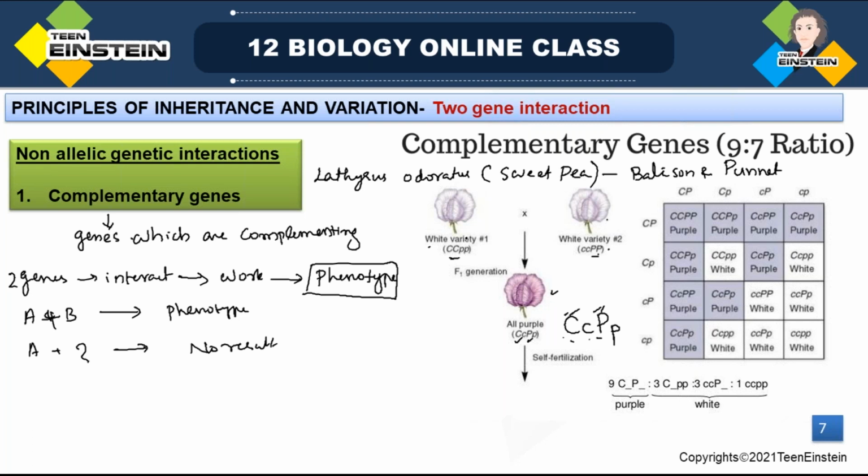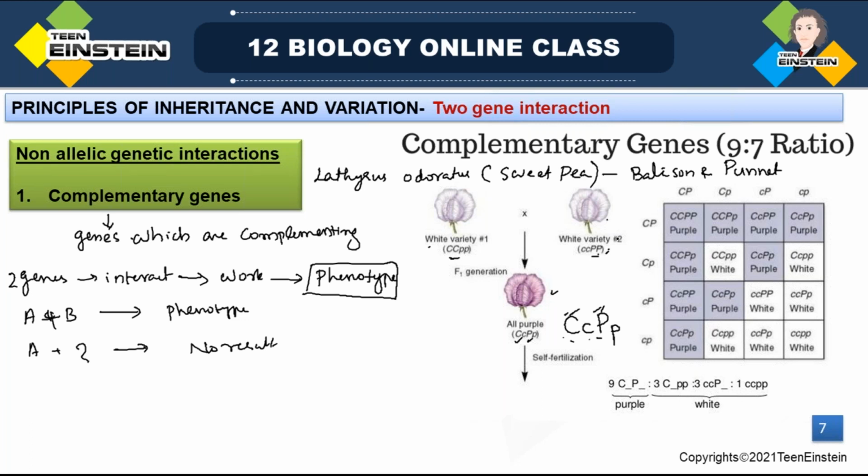Here, only one gene is dominant in both these flowers, right? So when either C or P is in dominant condition, that flower becomes white. Here C is dominant, P is recessive, so the white color flower is there. Here C is recessive, P is dominant. Then also it forms a white color flower.